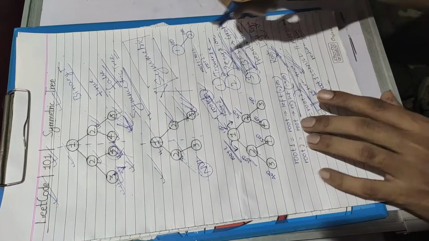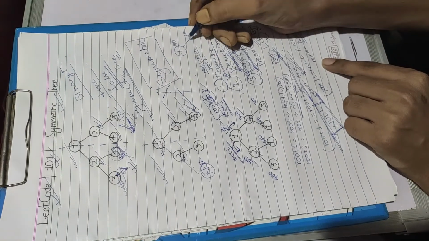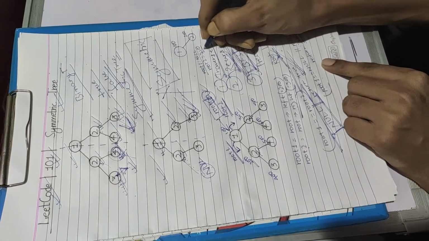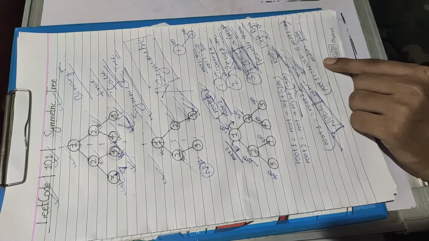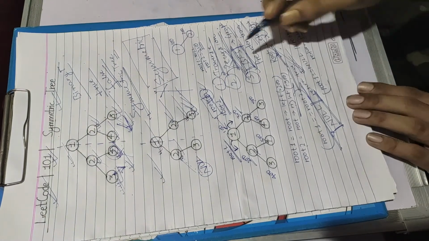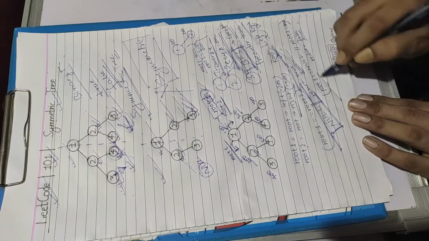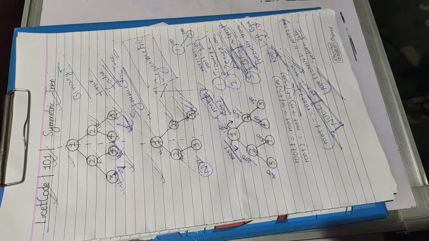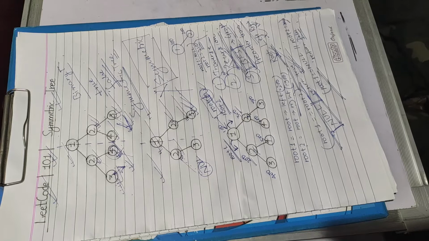Root 2 will be the right child, that is 200. This matches the condition that one of them is null, so we don't have the same structure anymore and we will just return false.